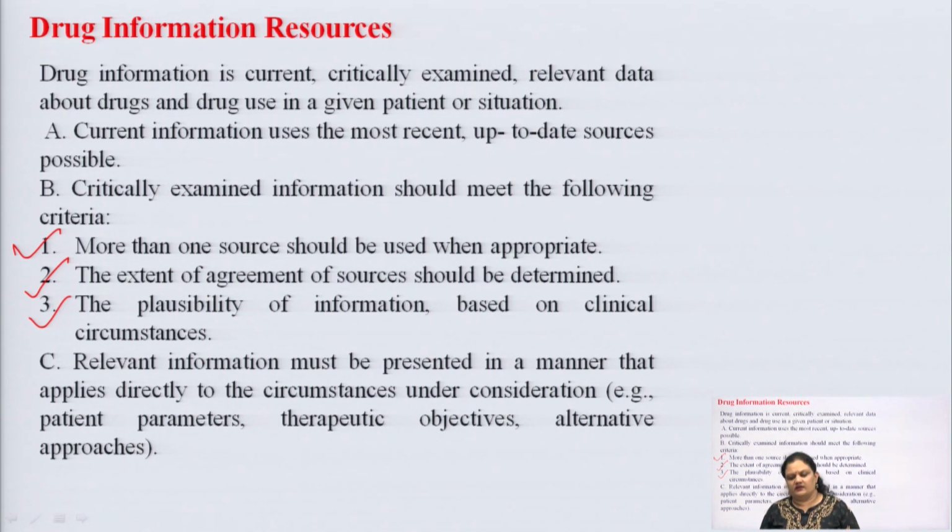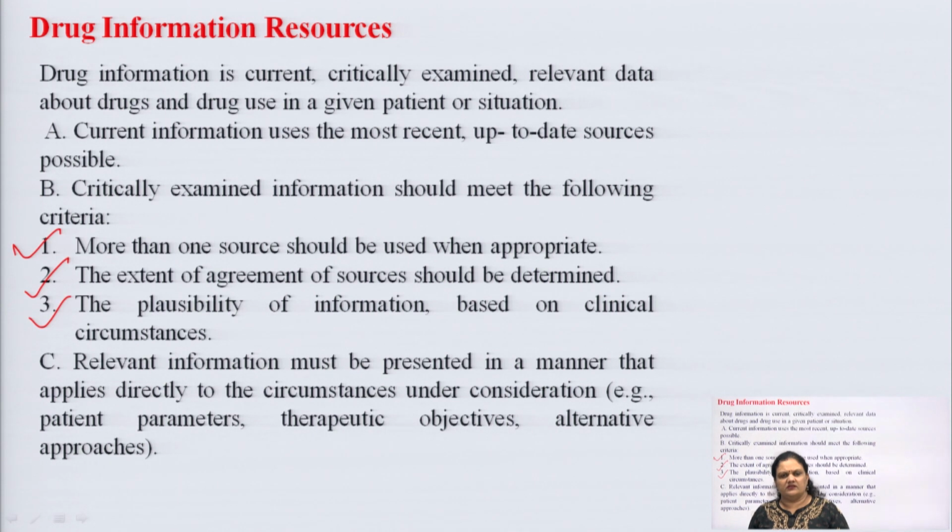We should check the patient's parameters: gender, body weight, physicochemical as well as homeostasis and different organ system parameters, which differ from individual to individual, the age, and the dietary condition of the patient. Then we should focus on the therapeutic objectives.